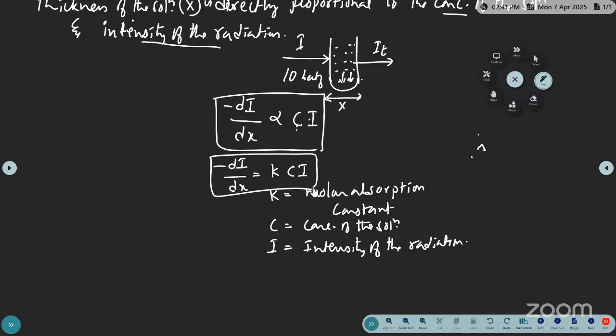What is that? The molar absorption constant. K we call the molar absorption constant. So minus dI by dx.